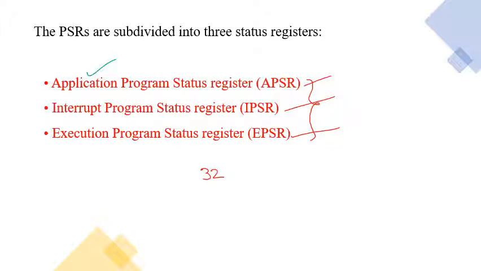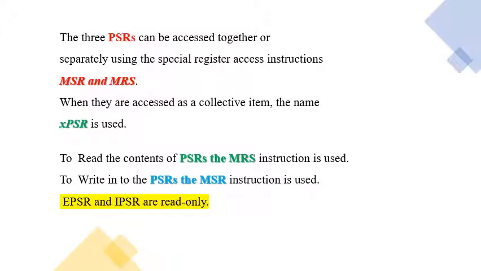Whenever the processor is handling interrupts or giving service to an interrupt, its status can be recognized through the IPSR bits. Similarly, the execution flow also. Okay, so we will see the details one by one.